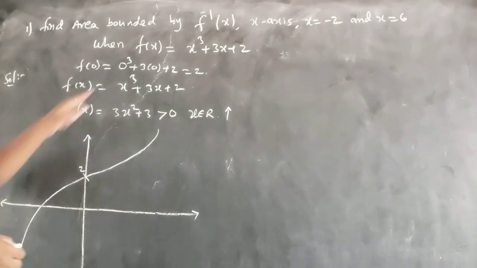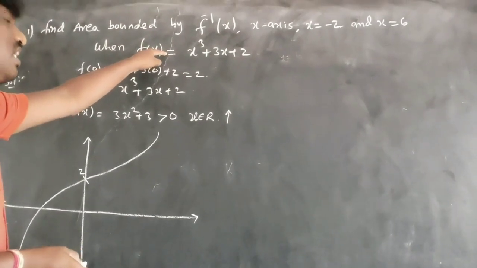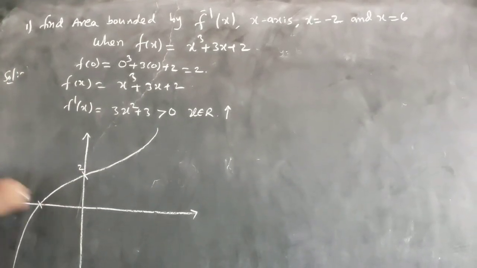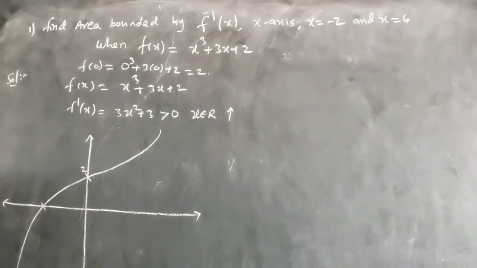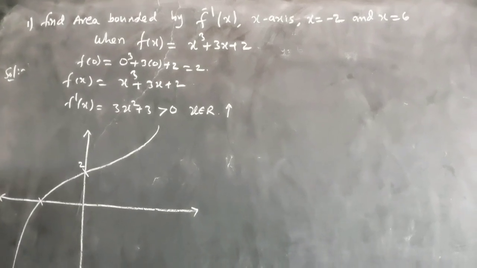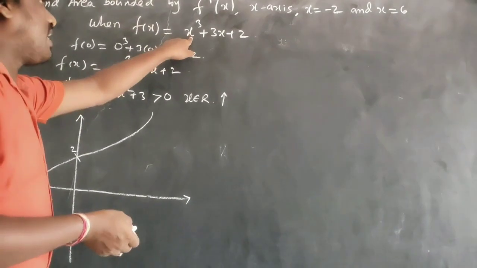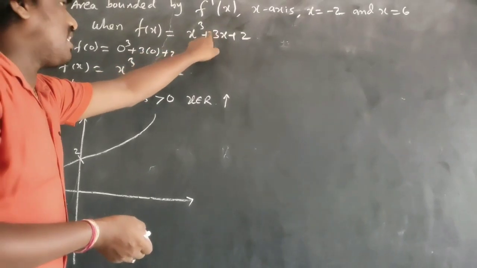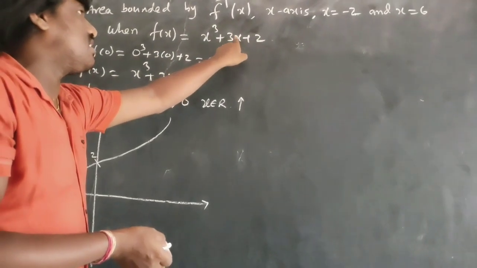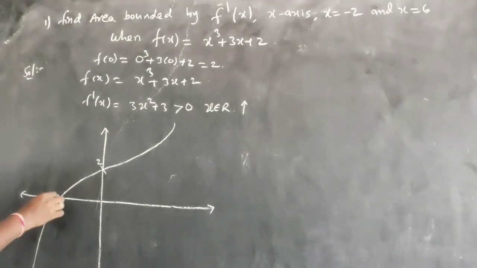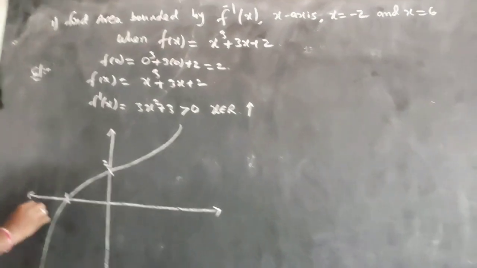So what is it saying? The function f of x is given. x is equal to -2. This is the x is equal to -2 place. Let us take x is equal to -2. What are we going to get? -2 cube is -8, minus 6 plus 2 is -12. How did I come to know?